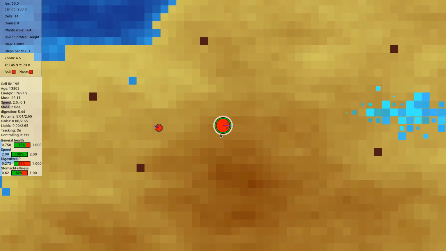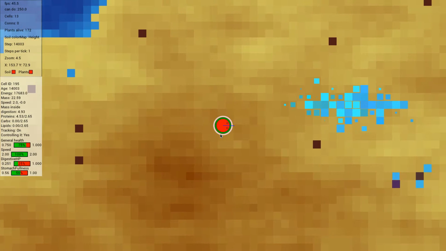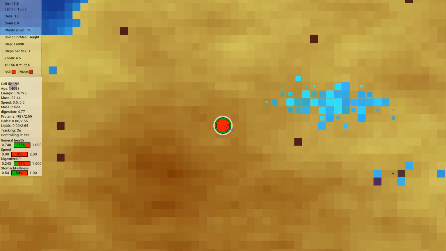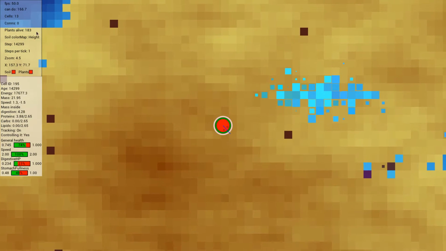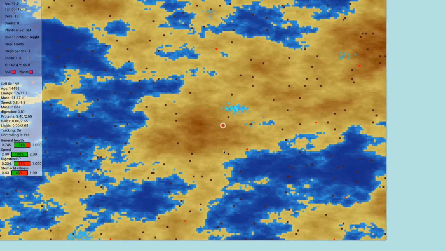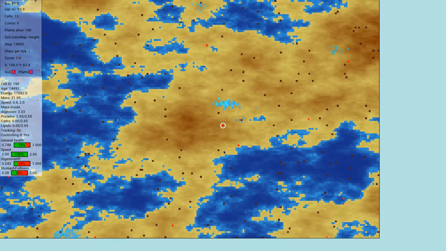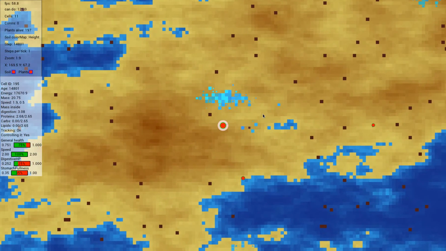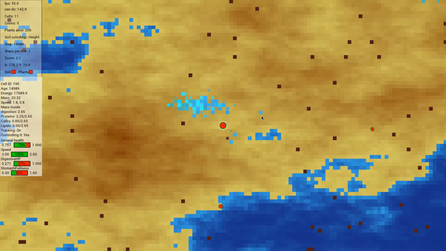A cell has a maximum energy capacity, so it can't produce more energy than that. And as you can see, this cell has 17,700 around that.